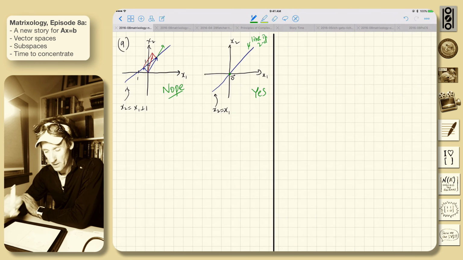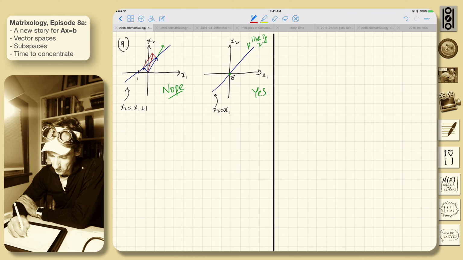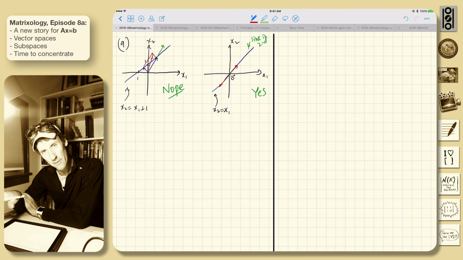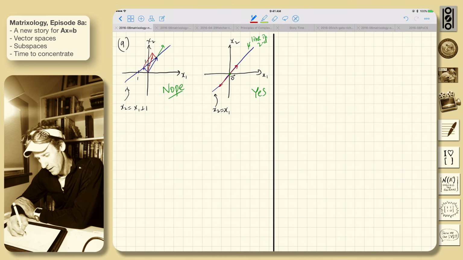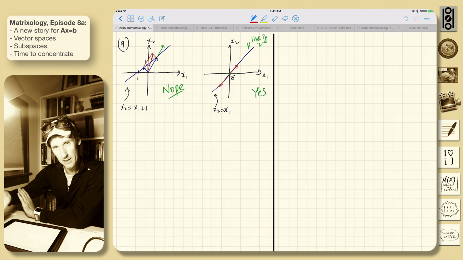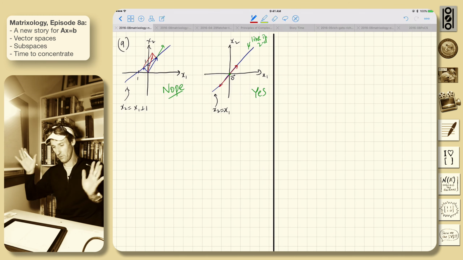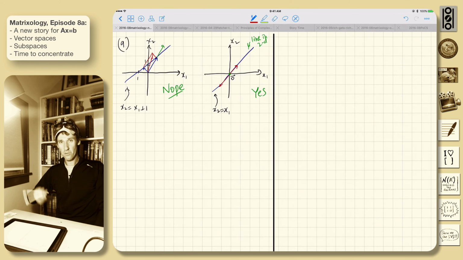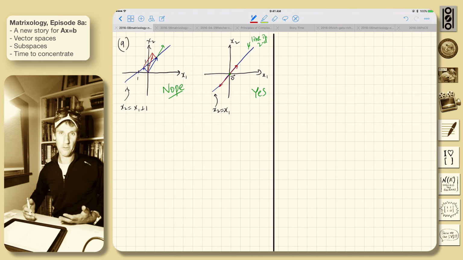So this one's okay. If we add any two vectors that are in this line, we're still going to have a vector pointing in the same direction as the line. And if we multiply a vector along this line by any number, it's going to stay there. That's really important, and that's basically what we're going to generalize.